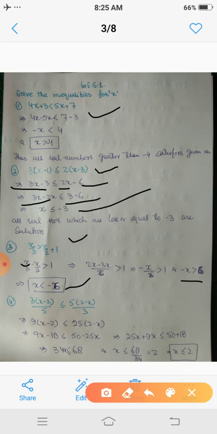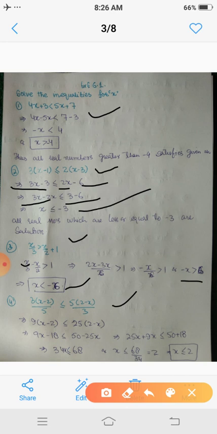So this means that the set of all real numbers which are less than -6 satisfies the given inequality, or is the solution set.